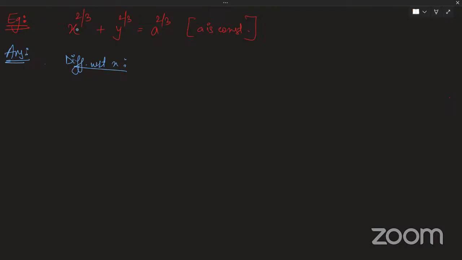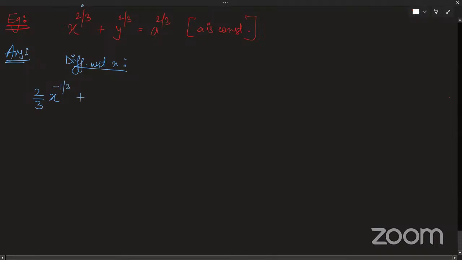Can you tell me what is the derivative of the first term with respect to x? What will you get? 2 by 3 into x raised to minus 1 by 3. Great. Plus, now you have got y raised to 2 by 3.